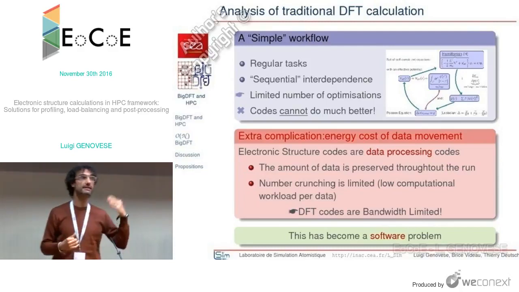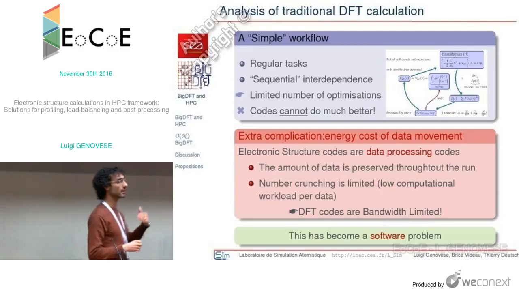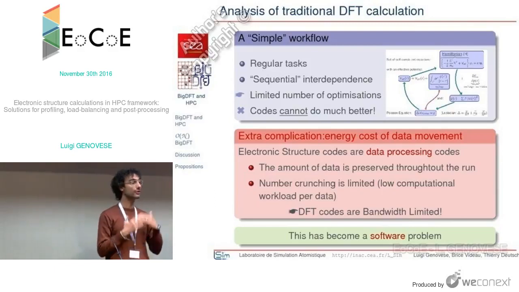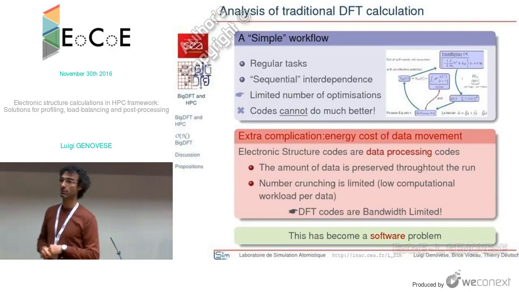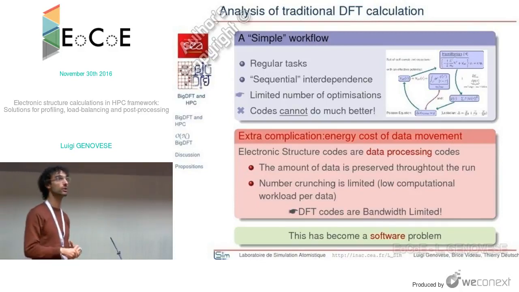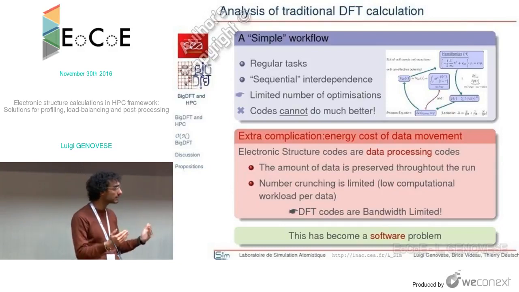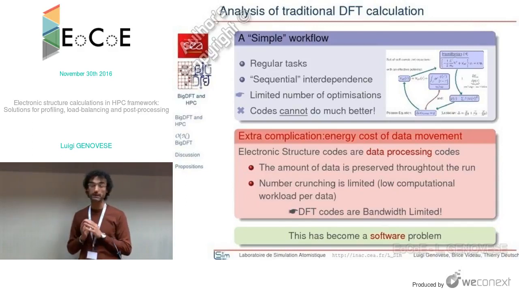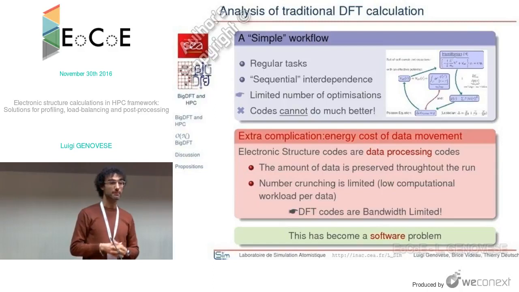Actually, the self-consistent cycle, an iterative cycle in a typical DFT code, is built from a lot of homogeneous and regular tasks, if we use the language of task programming which we have seen before. So a typical DFT code has a simple workflow which is full of a lot of global and blocking communication. Still, there are a lot of things which can be done to exploit an HPC framework in this context. But first, one has to take care of this point.